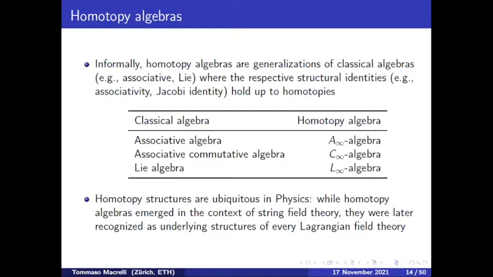And in general, underlying every Lagrangian field theory, there is an L-infinity algebra that codifies the complete classical theory. And the bridge between the theory and the associated L-infinity algebra is the Batalin-Vilkovisky formalism.